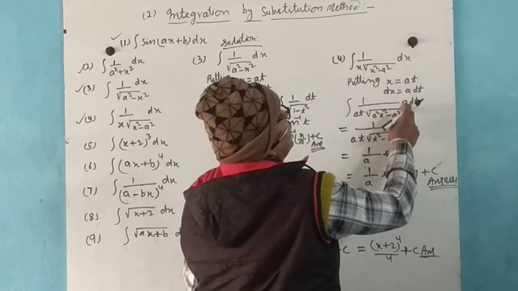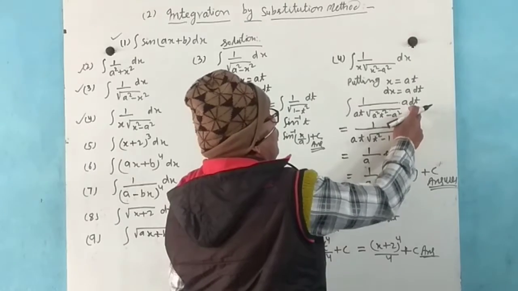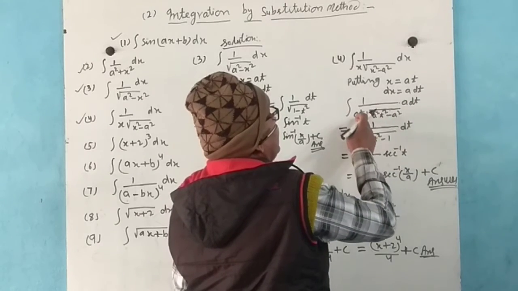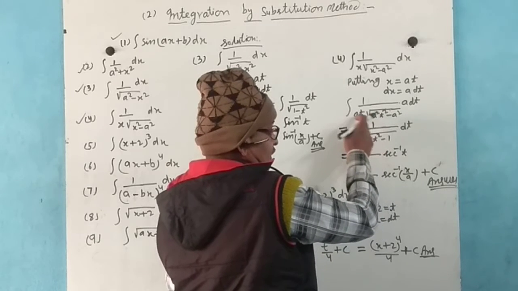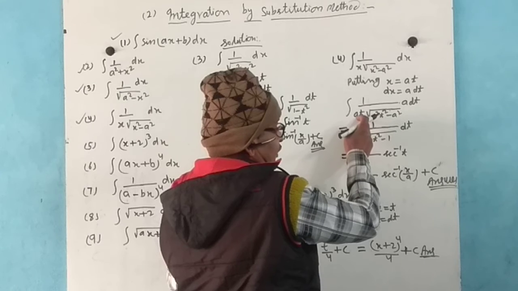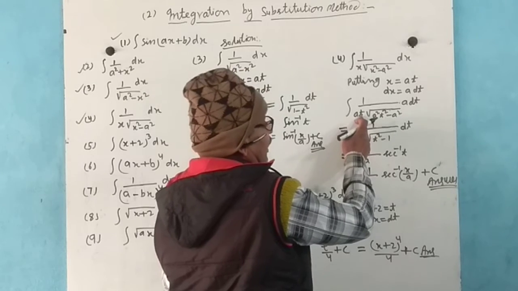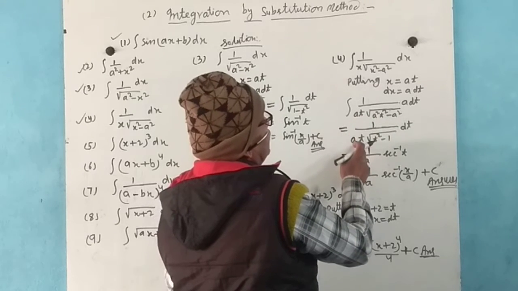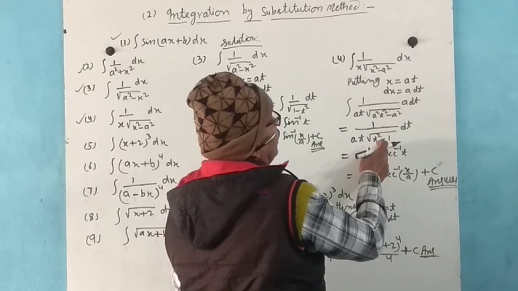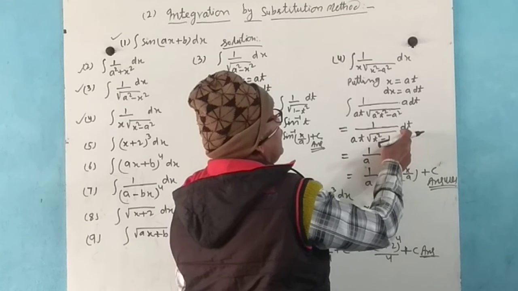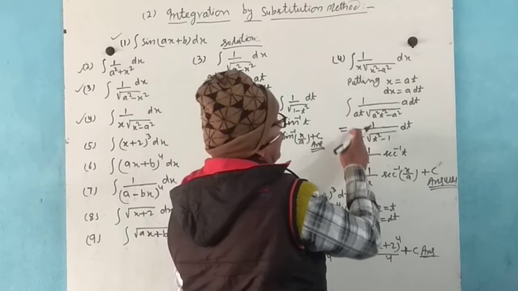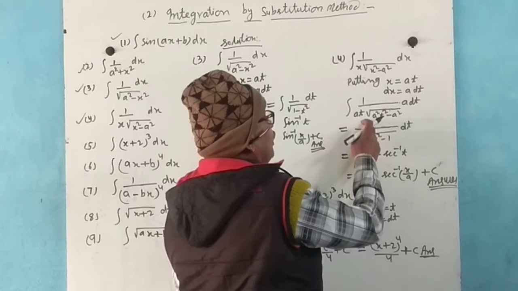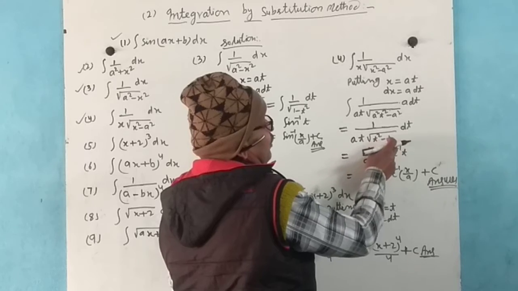Now a and a cancel, and a comes out of the root as a square, so that here only a, 1 by a t under root t square minus 1 dt. a is a constant, 1 by a, and 1 by t under root t square minus 1.